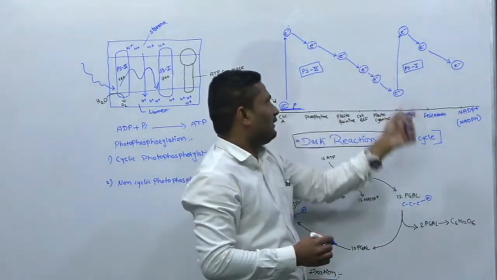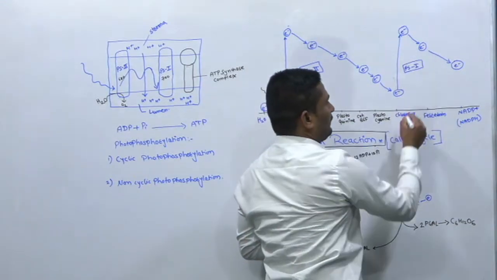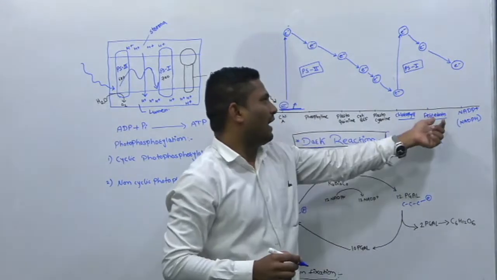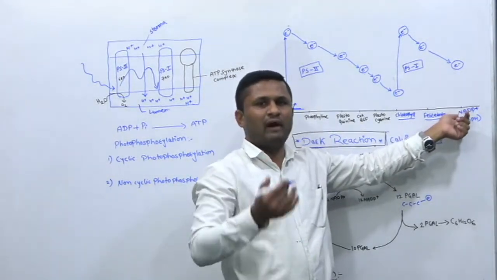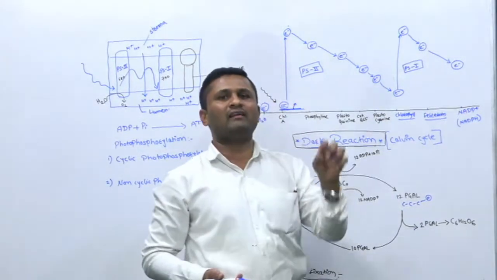Okay, now in photosystem first, this electron will travel through chlorophyll and ferredoxin. Now NADP plus is there, which is the final electron acceptor, but this is only in case of non-cyclic event.